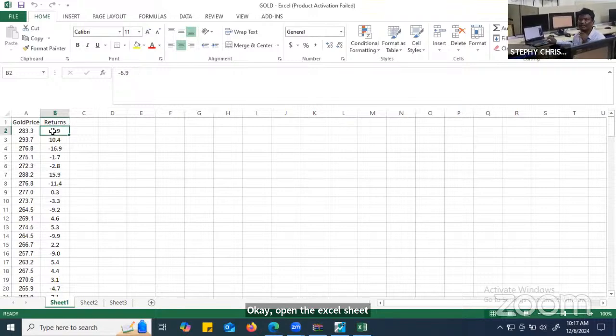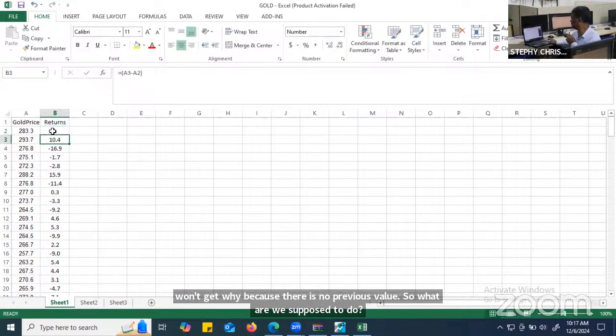The first information we won't get when we convert it into returns. Why? Because there is no previous value. So we just ignore it.